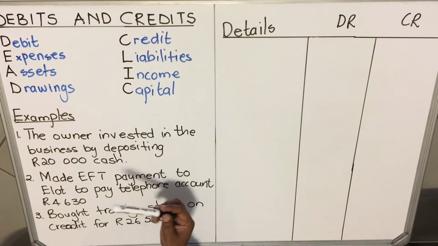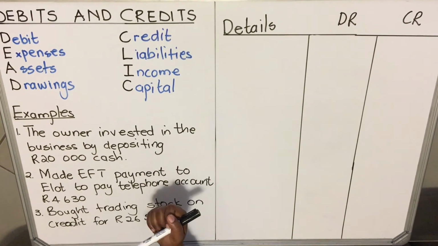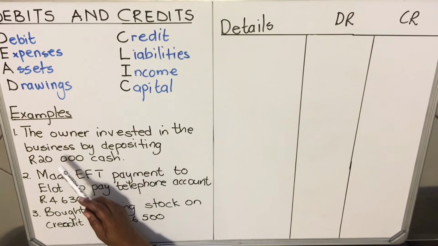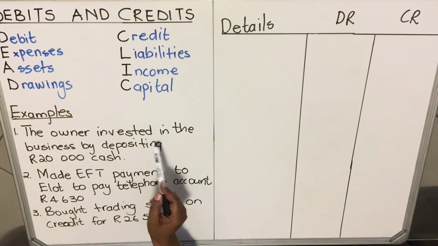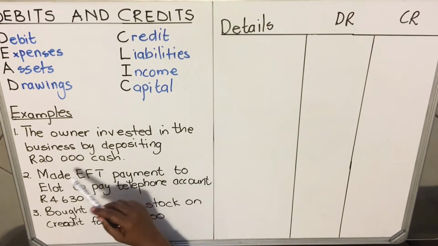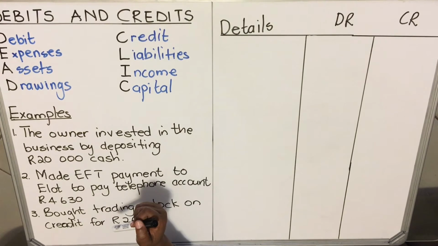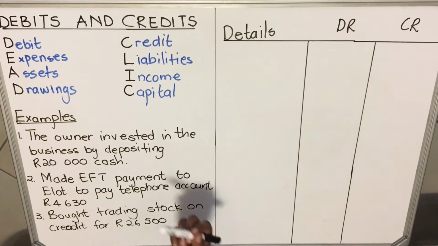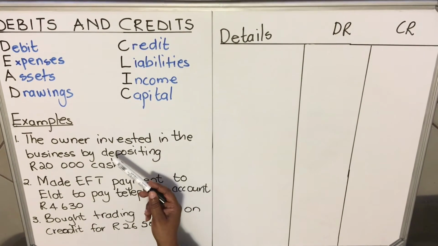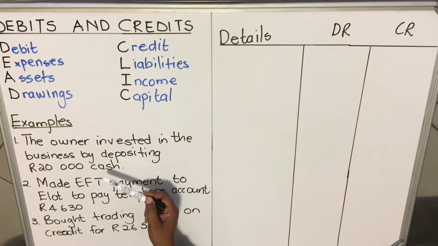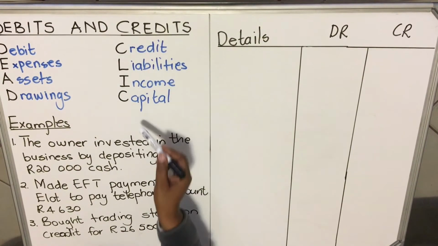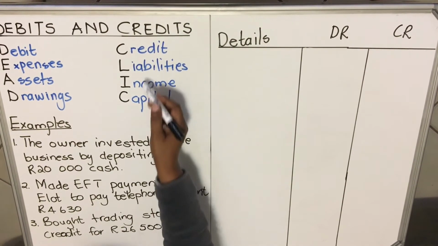Now we're going to look at examples to explain our concept. The first example says the owner invests in a business by depositing 20,000 cash. So what the owner deposits into the business is capital. So capital is under CLIC.